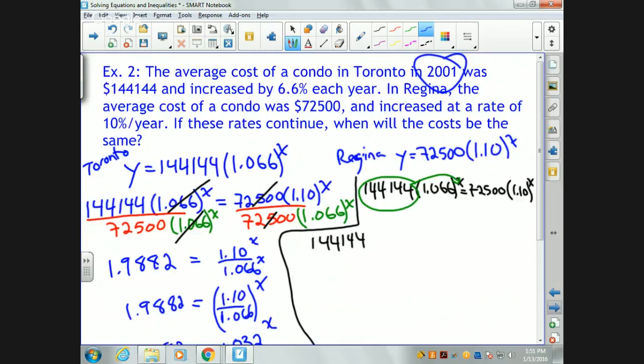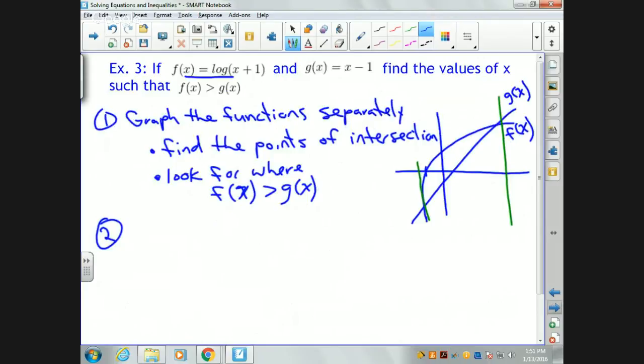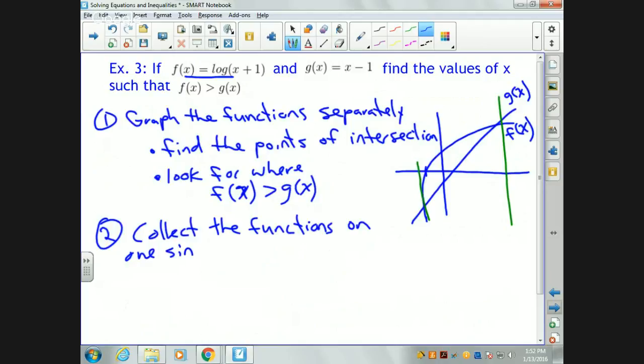So that's the other strategy: collect the functions on one side, and determine where the result is either greater than or less than 0.